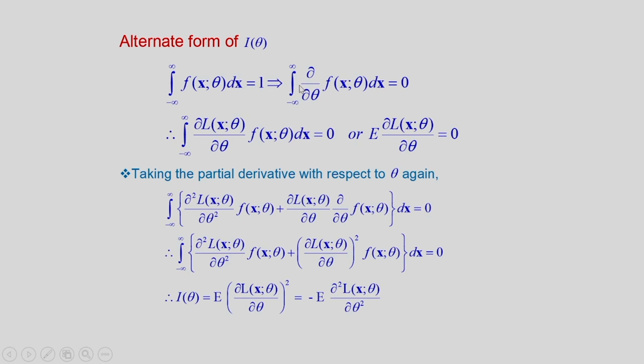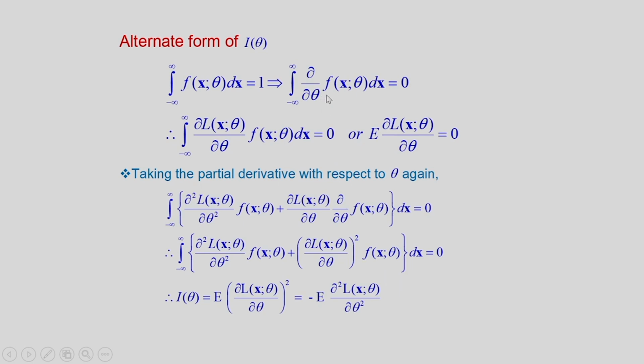This implies that the partial derivative of this quantity must be equal to 0. Again, under the regularity conditions, we can take this partial derivative inside. Therefore, the integral from minus infinity to infinity of del theta of f(x, theta) dx must be equal to 0.